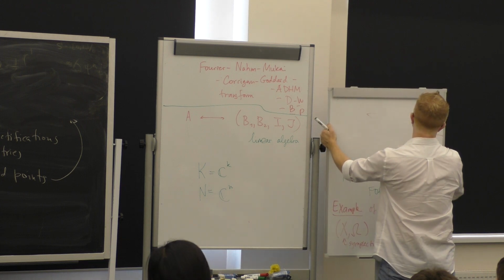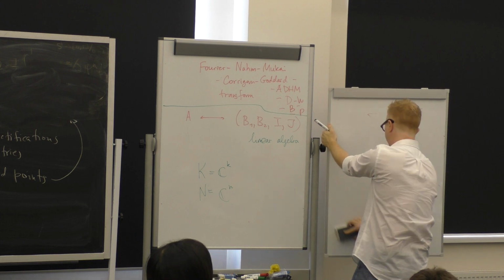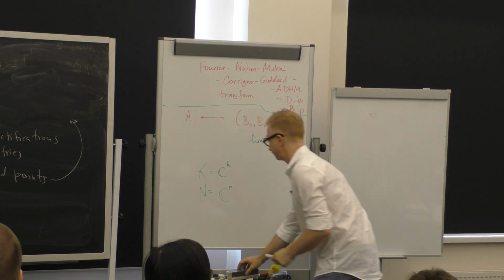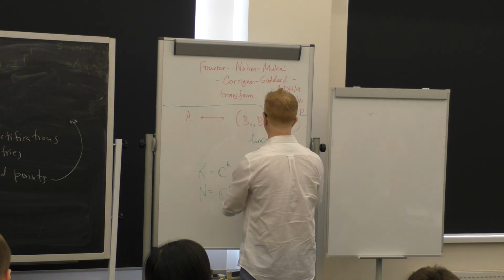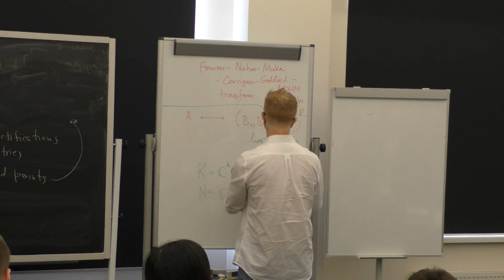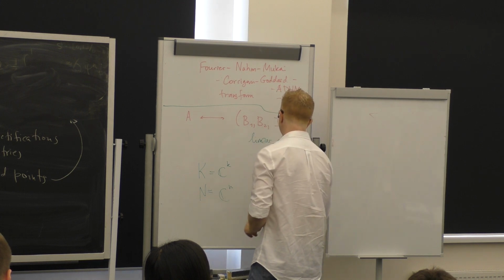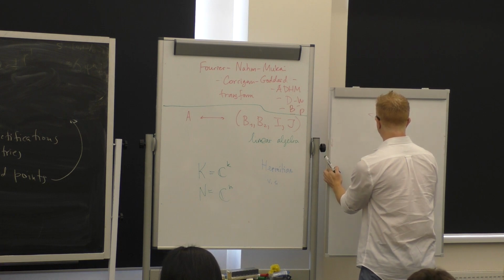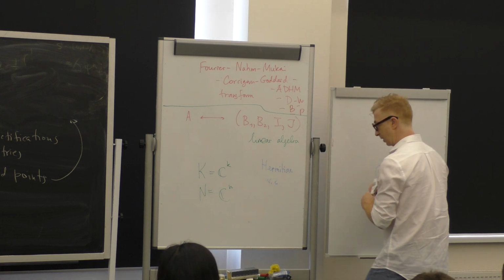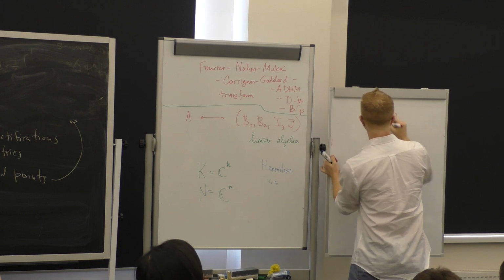These are complex vector spaces, and we will also endow them with Hermitian metrics. So this is my space K, and this is the space N.